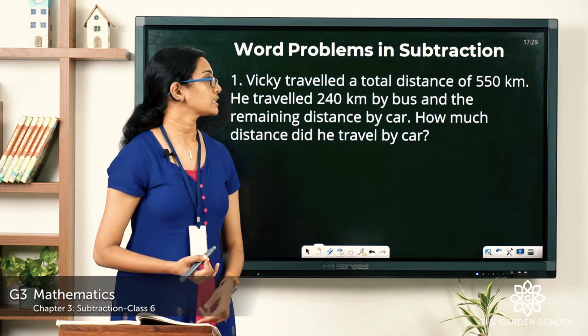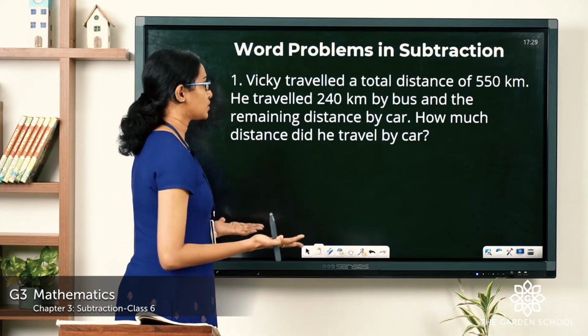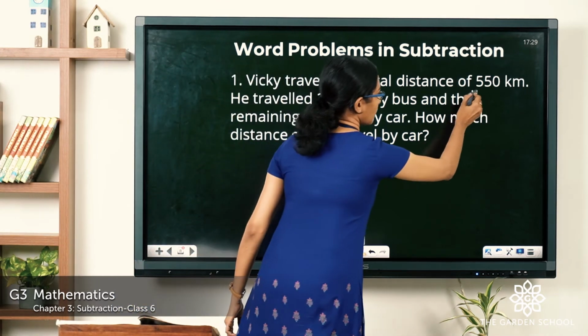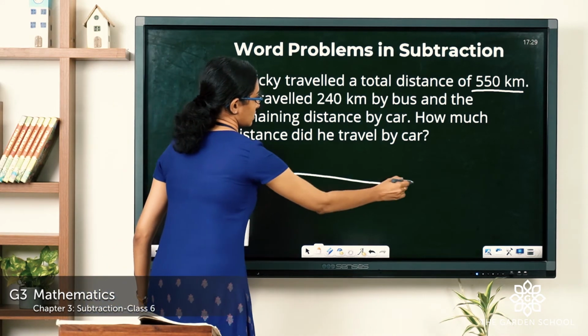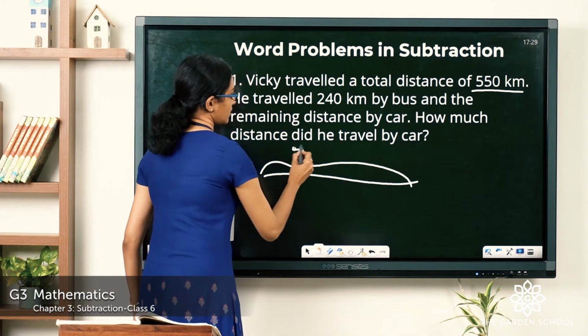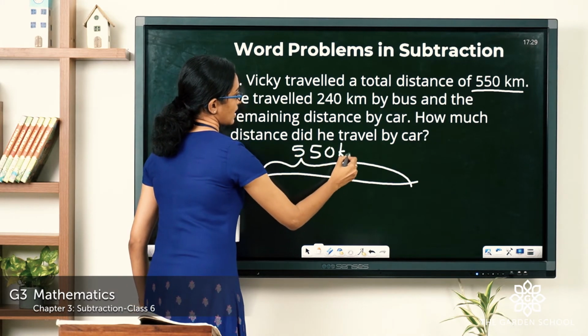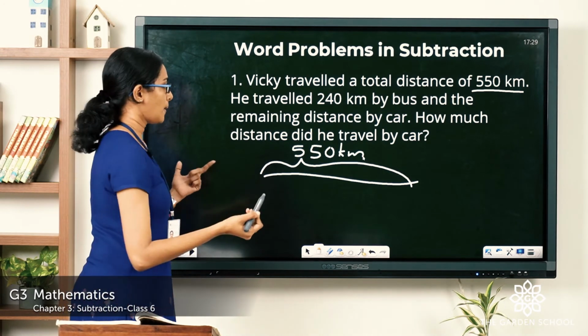So what is mentioned in the question? Vicky had traveled some distance. He traveled a total distance of 550 kilometers, and he traveled 240 kilometers by bus.